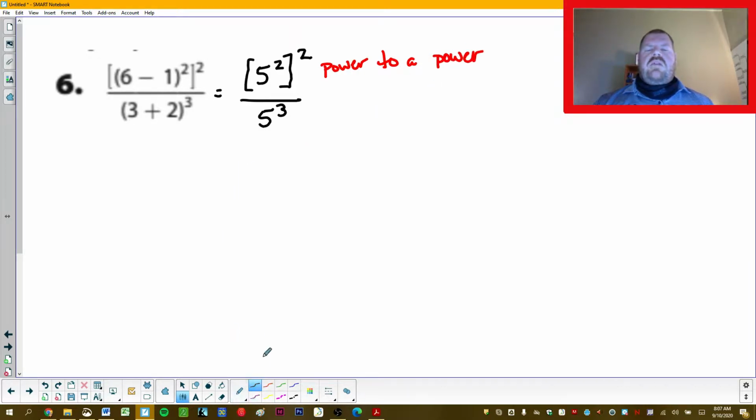And that means that I want to use my power to the power rule, which tells me to multiply these two. 2 times 2 is 4, and I'm just going to rewrite the bottom.